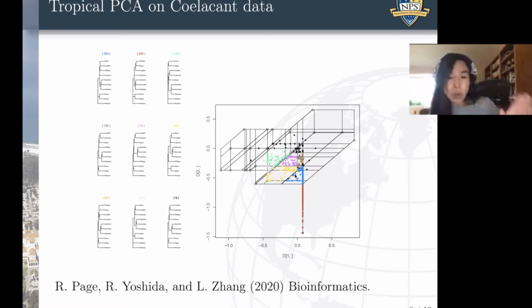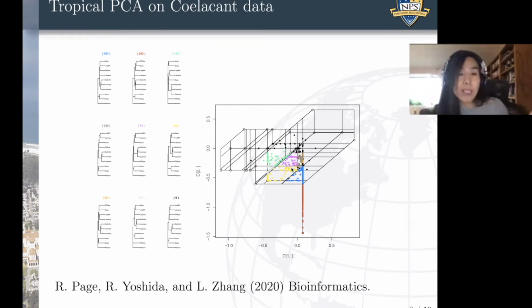All we showed was that if I pick two points from the same cell, then they have the same tree topology. But I don't know how the tree topology changes between neighboring cells or along this line. I have no idea. I think that's really important.